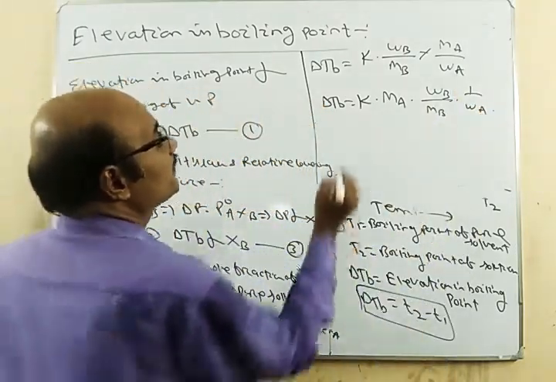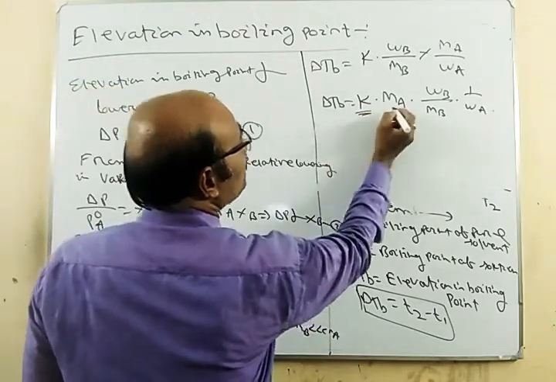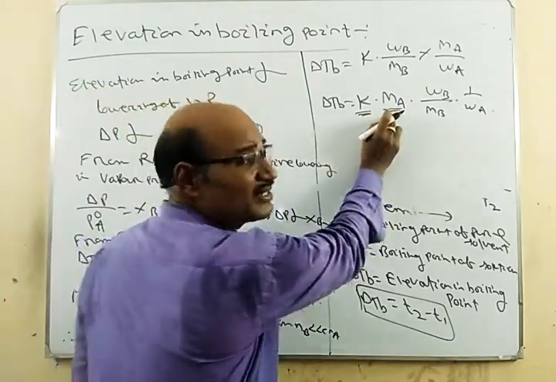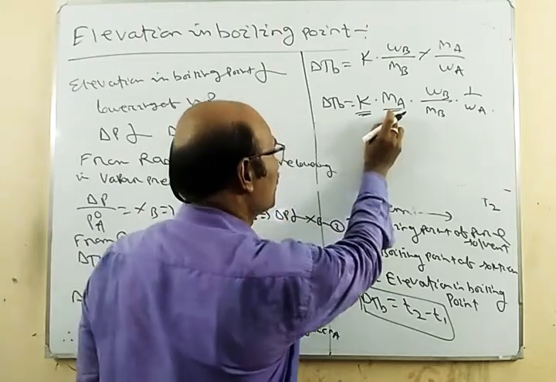Now K is a constant, and MA is the molecular mass of the solvent, which is also constant.